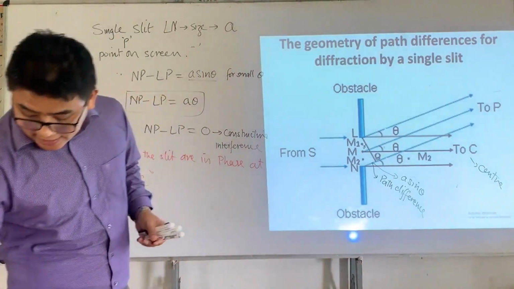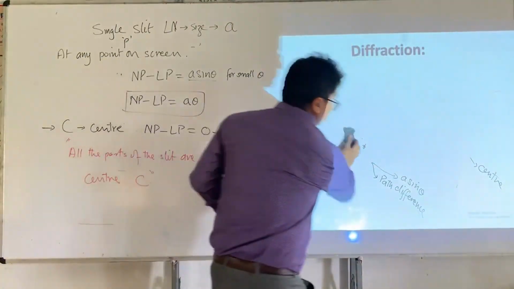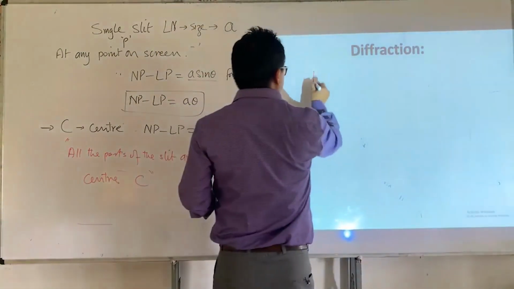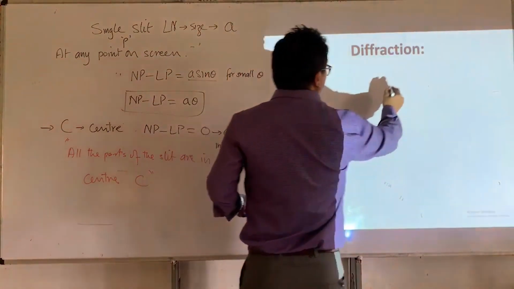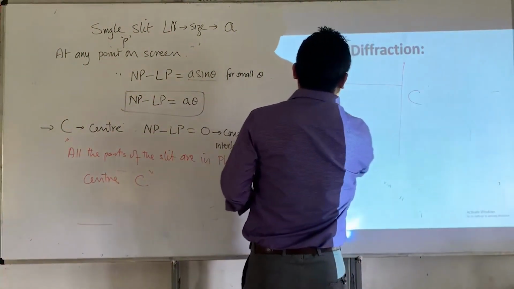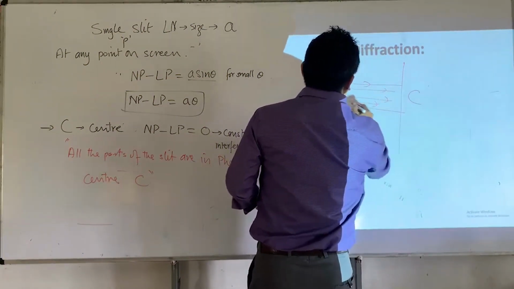So let's say I'll write like this. This is much better. I have this center, this is the screen, and C. Path difference is 0.